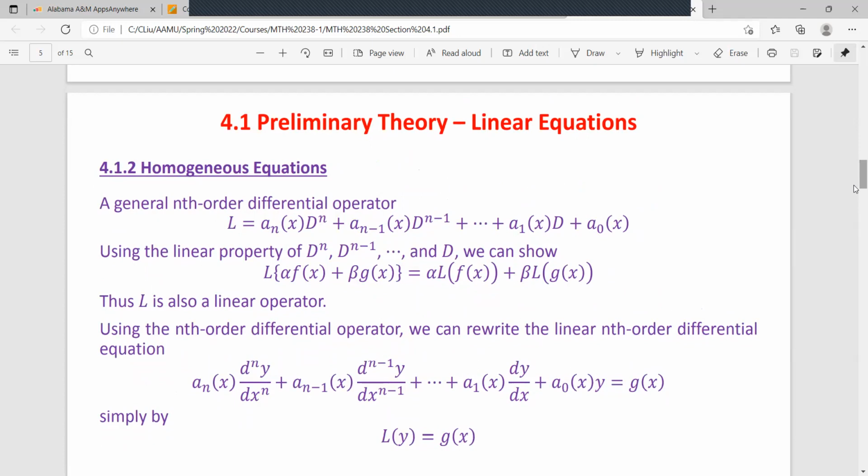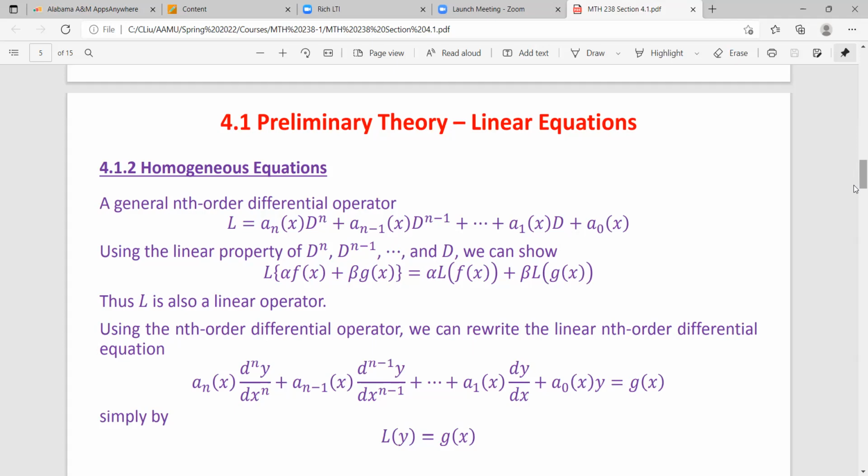So based on the differential operator D, we can generate the nth order differential operator. The capital D is just the first derivative, but then you can write a linear combination of those differential operators, and you just call that L. So let L equal a_n of x.